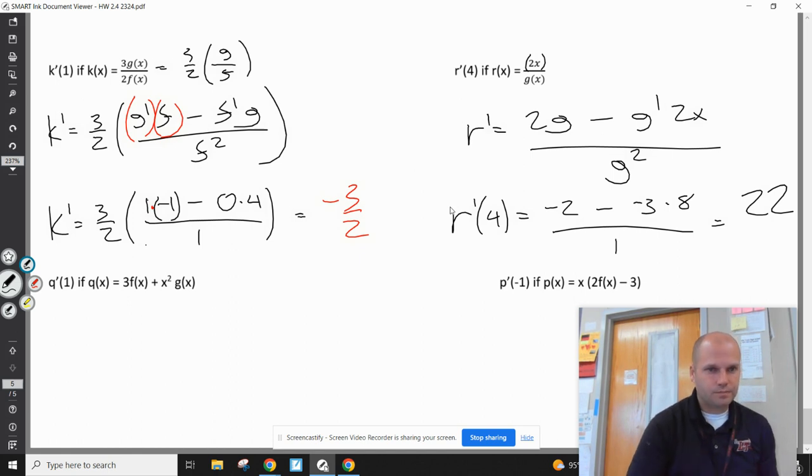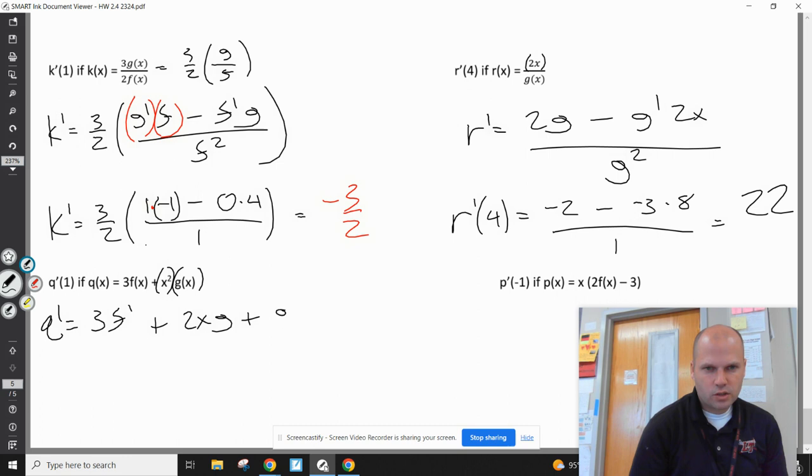All right, last two. Oh, this one gets everybody. I don't know why. I feel like this will get you all. No product rule, product rule. It's one of those two things in one. 3f's slope is 3f prime. X squared g of x's slope is 2xg plus g prime times x squared.